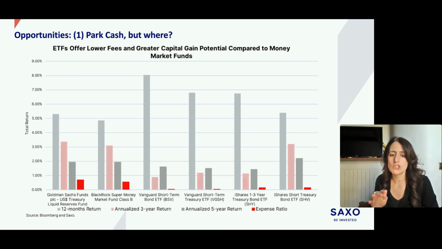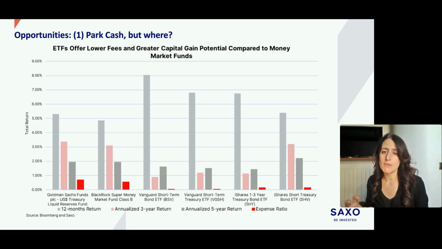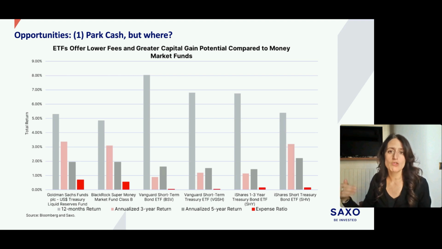I just want to make a point on bond ETFs or money market funds. The main difference between the two is that money market funds do not gain from capital appreciation. So they are a great tool to gain when the Federal Reserve or central banks are going to hike interest rates, because you are going to receive the highest interest rate without losing from your bonds valuation.